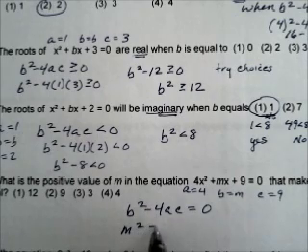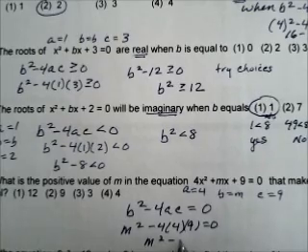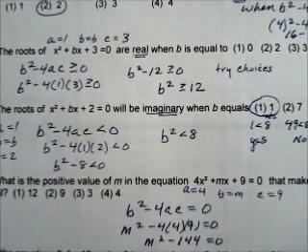M squared minus 4 times 4 times 9 would have to equal 0. 16 times 9, that's 144. So m squared minus 144 would equal 0.